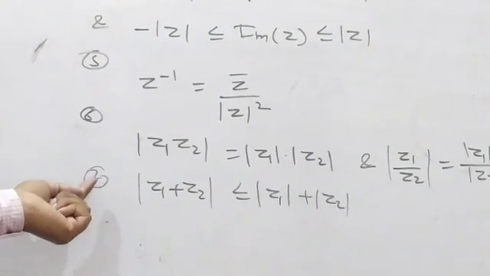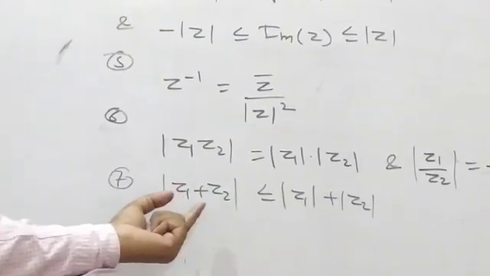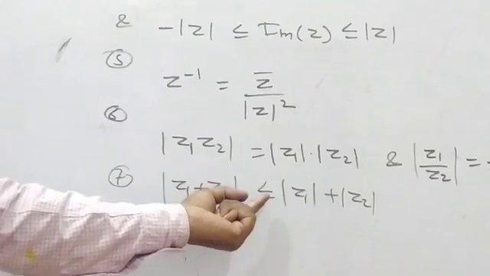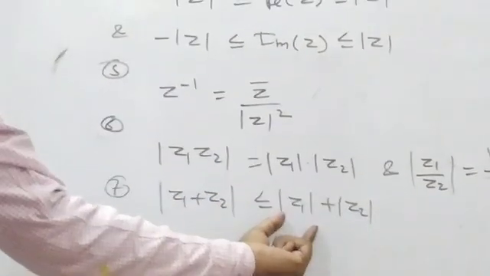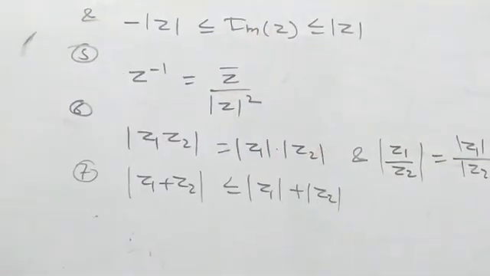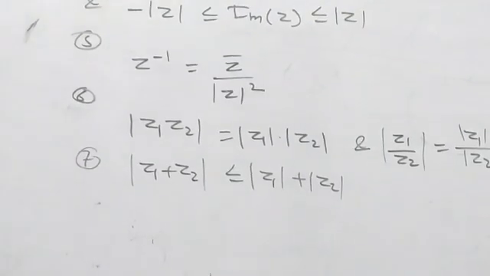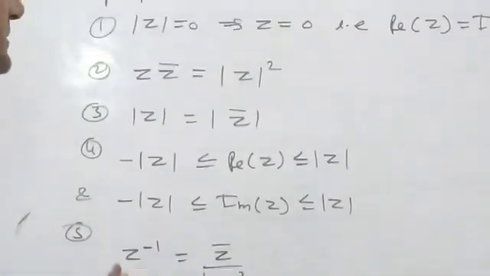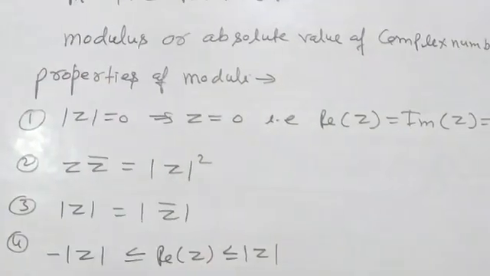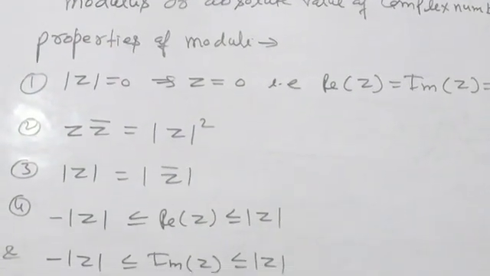And here property number 7: mod of z1 plus z2 is less than or equal to mod of z1 plus mod of z2. Clear? I'm not going to prove all the properties, but however many properties I have written here, try to learn and try to understand.